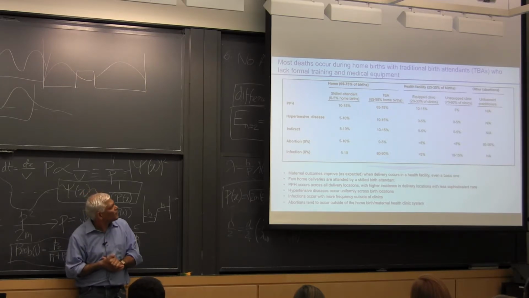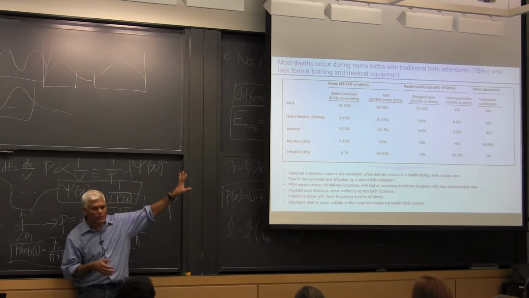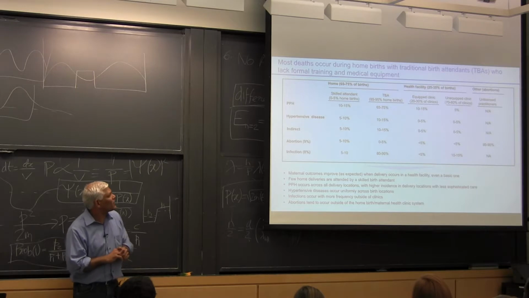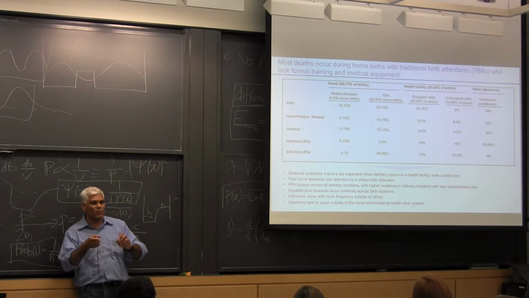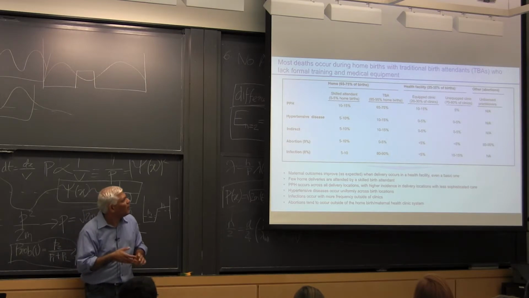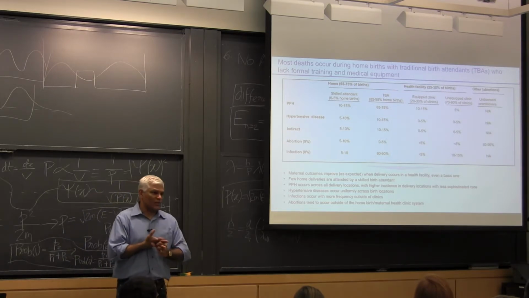If you divide births into these types of contexts: is it at home? Is it at home with the TBA, traditional birth attendant? Or is it at home with a skilled birth attendant? And skilled typically means at least to the midwife level, nurse midwife. Or is it at a health facility?